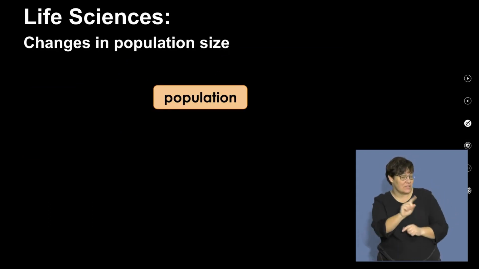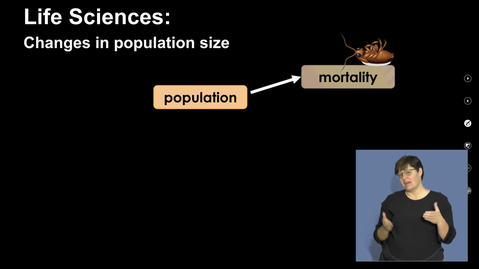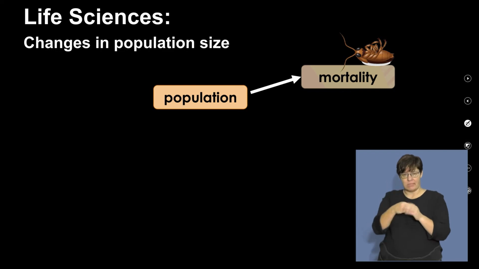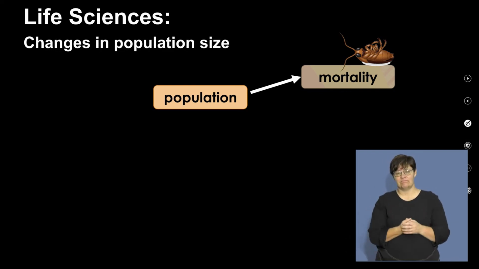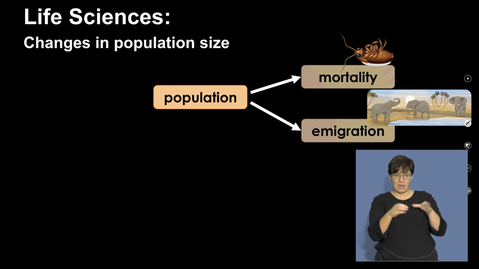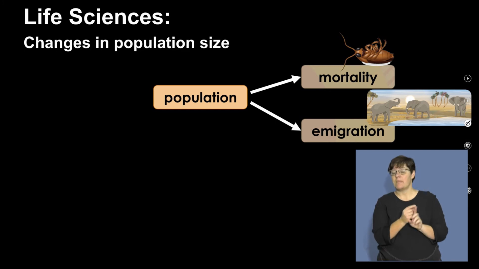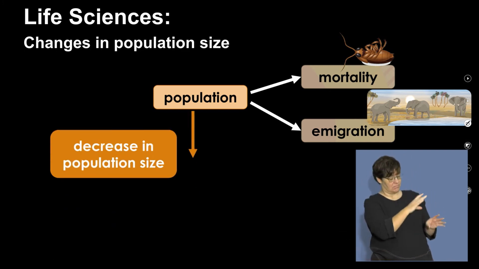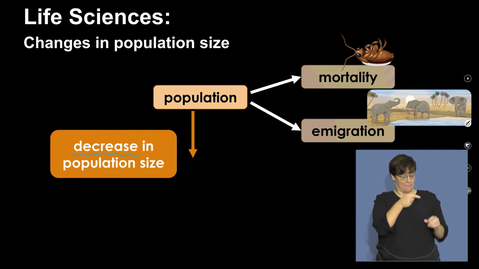And I'm sure you know where we're going next. We can take our population and say that some of the members are going to die. Mortality is going to affect the population size. Also, if individuals leave the population due to emigration, this is going to decrease population size.